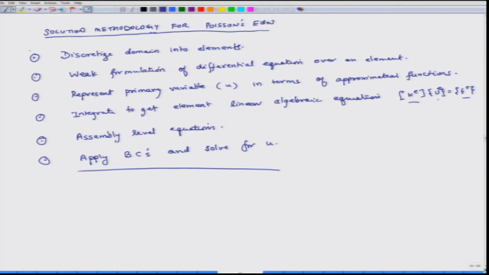So the approach is the same, but almost all the steps are much more complicated.